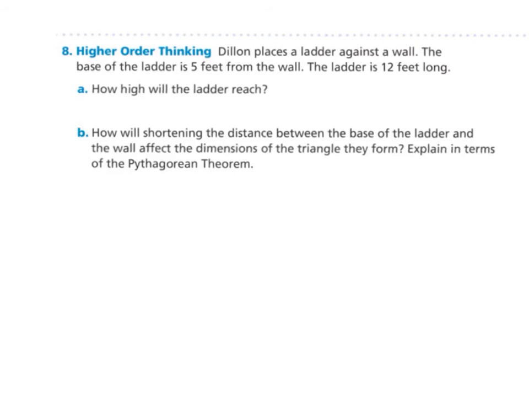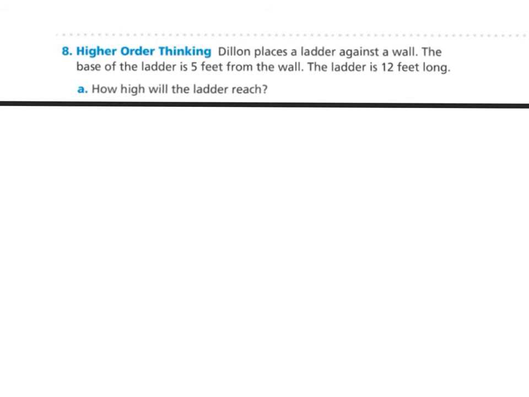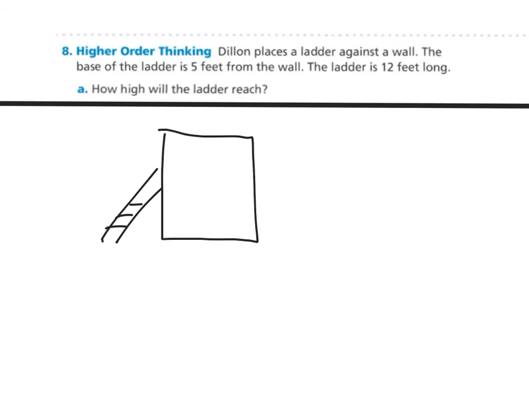Number 8, Dylan places a ladder against a wall. The base of the ladder is 5 feet from the wall, and the ladder is 12 feet long. How high will the ladder reach? If you're doing a problem like this, please draw a picture. It doesn't have to be a perfect picture, but some kind of a picture so we can see what's going on.